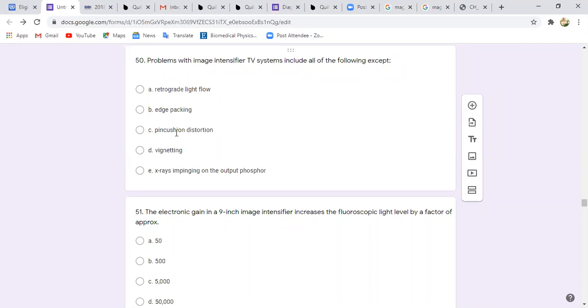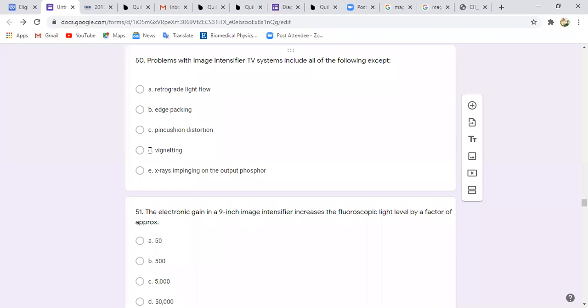And pincushion effect, of course, we know that one: image intensifiers all suffer from this problem, which is not a problem in any way, because at the end of the day the diagnosis will still be carried out. And vignetting has to do with the reduction of brightness as one moves towards the periphery of the detector.